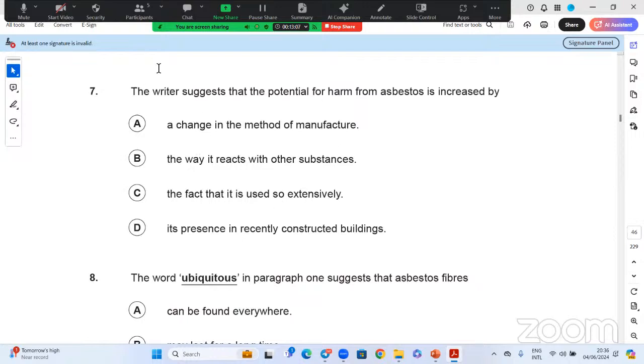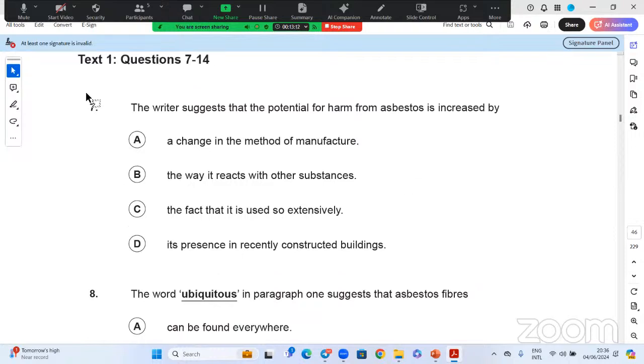Now, first let us start with question number 7. Go through this question. Only questions will follow.